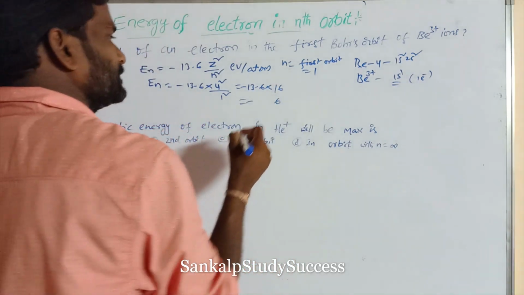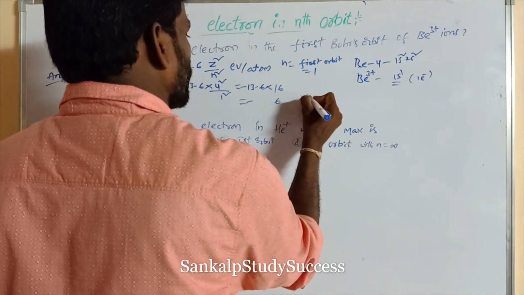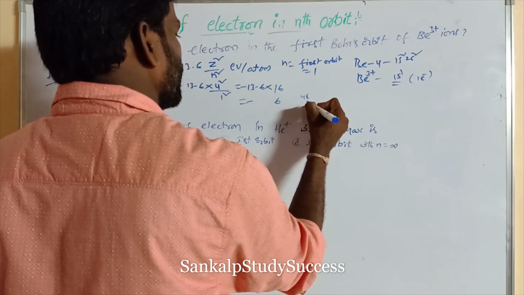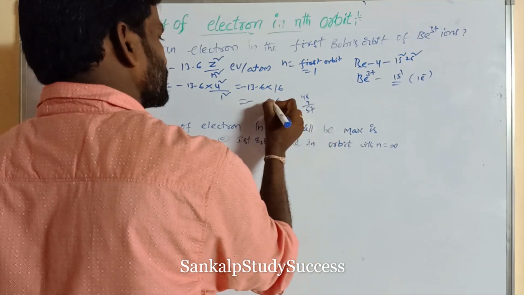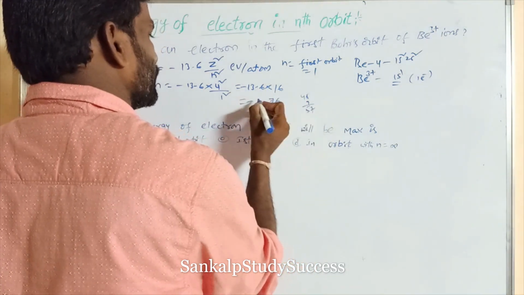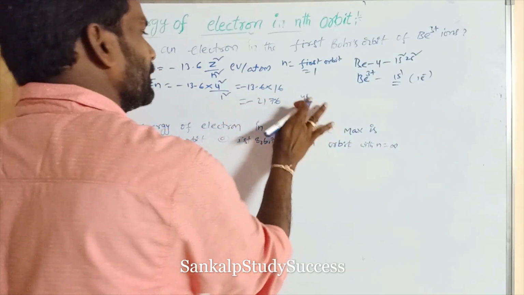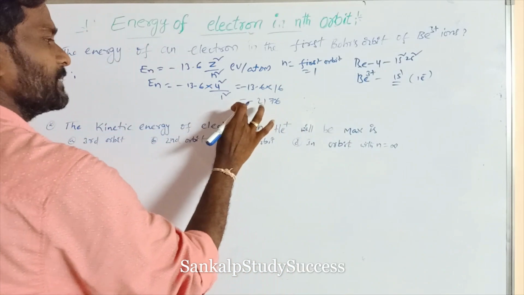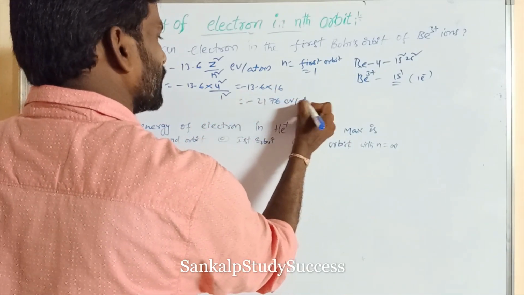So 13.6 into 16 is 217.6 electron volt per atom.